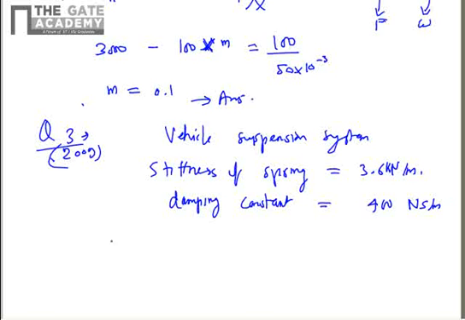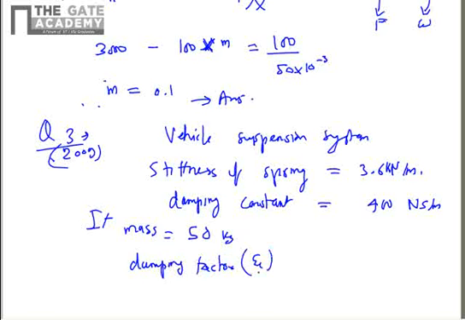Damping is 4000 Newton second per meter, and if the mass of the system is 50 kg, then you calculate the damping factor.